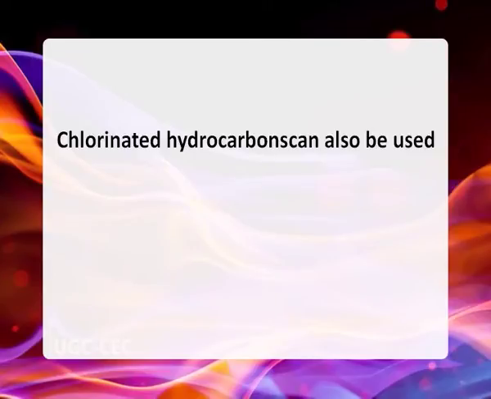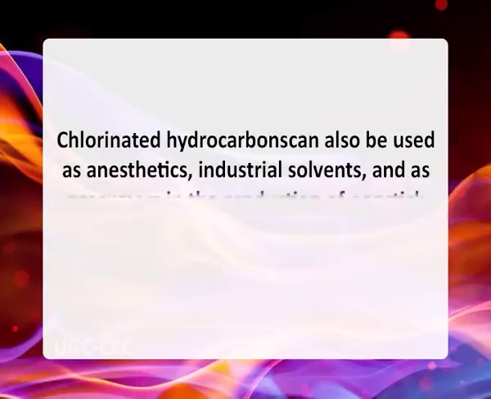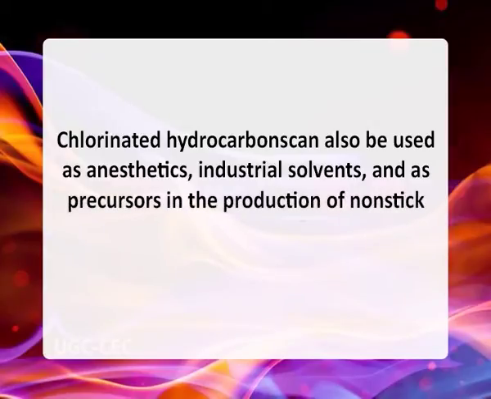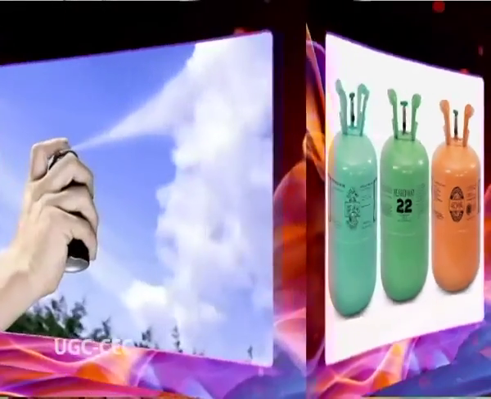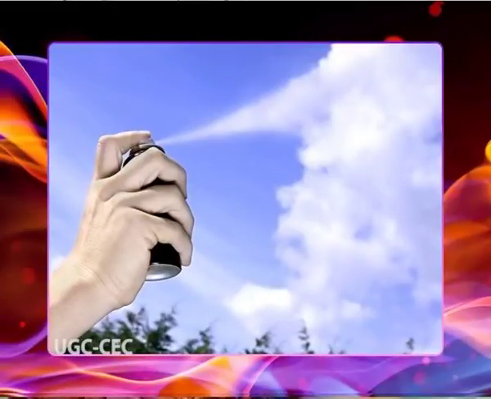Chlorinated hydrocarbons can also be used as anesthetics, industrial solvents and as precursors in the production of non-stick coatings like Teflon. Chlorinated hydrocarbons are some of the most potent and environmentally persistent insecticides, and when combined with the element fluorine, they function as refrigerants called chlorofluorocarbons or CFCs.